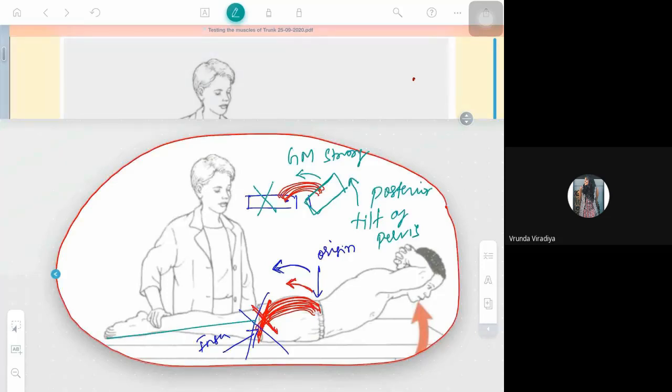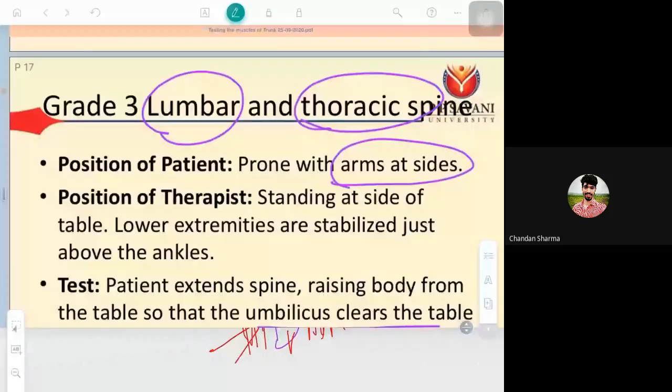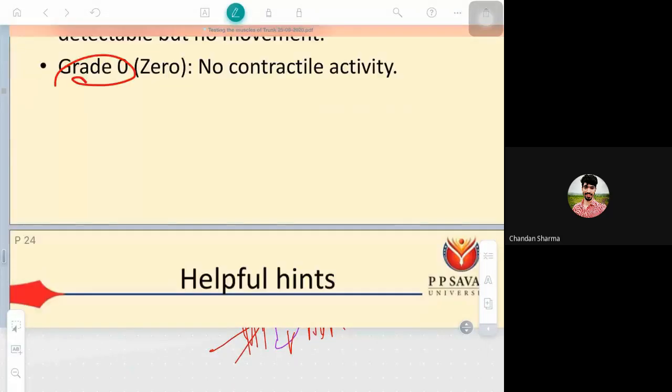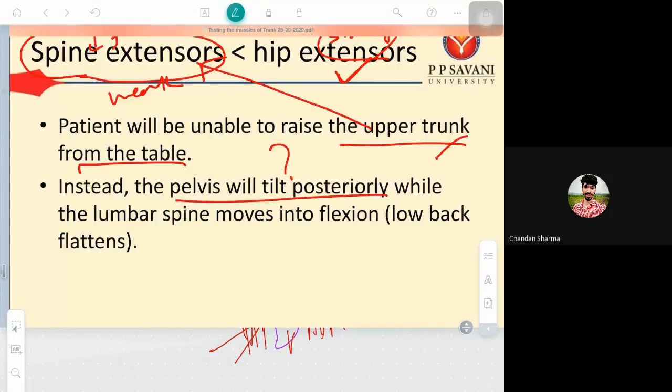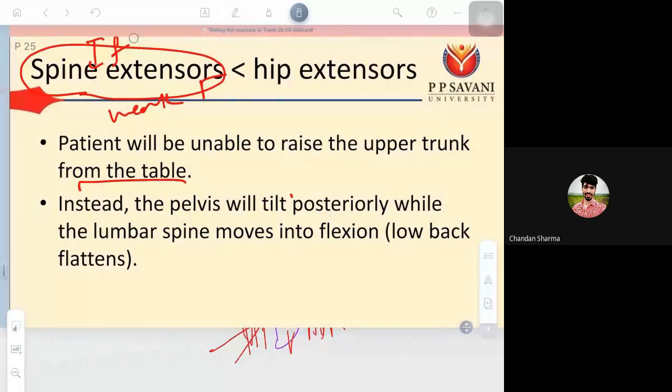Okay. Then what is next we discuss? In the hints, now listen to this. Read this sentence. Patient will be unable to raise the upper trunk.